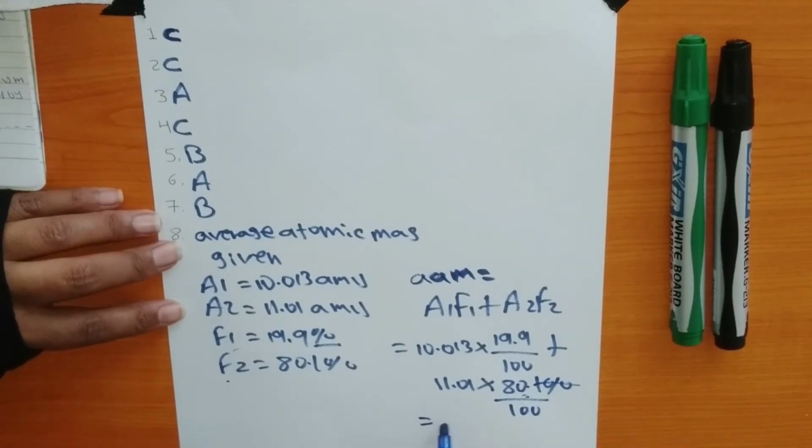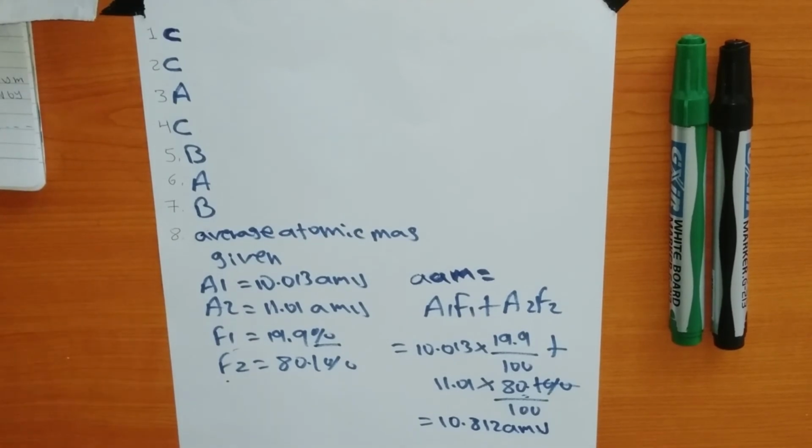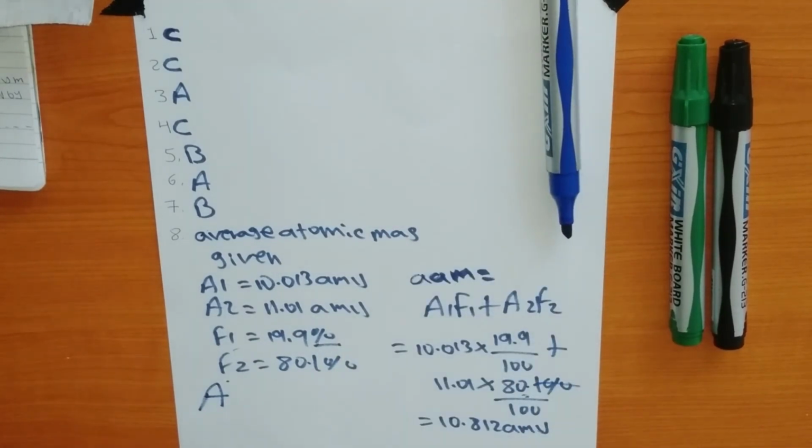So we're going to get how much? 10.812 AMU. So our answer will be A. 10.812, B. 10.21, C. 10.521, D. 10.125. So our answer is A. Okay, let's go to the next question.